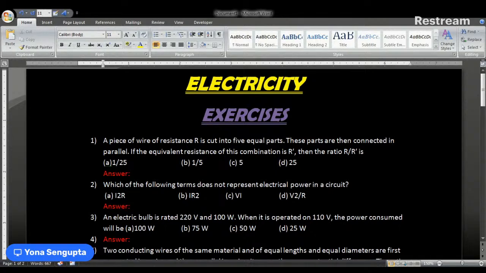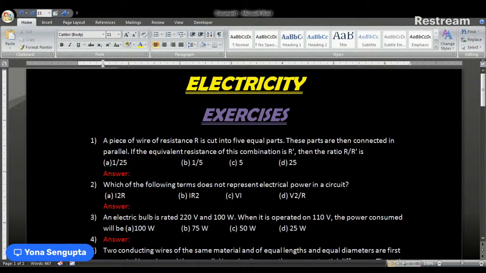See, it is said that the resistance is cut into five equal parts, which means the resistance of each part is R by 5. We know that each part is connected to the others in parallel.